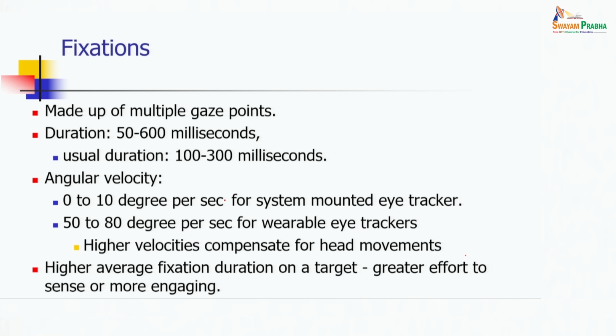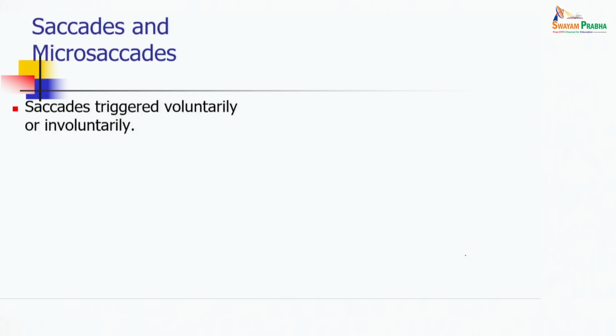So a higher average fixation duration on a target means greater effort to sense it, or that it is more engaging. Intuitively, if you take more time at a fixated point, you are putting more effort into understanding the scene at that point.